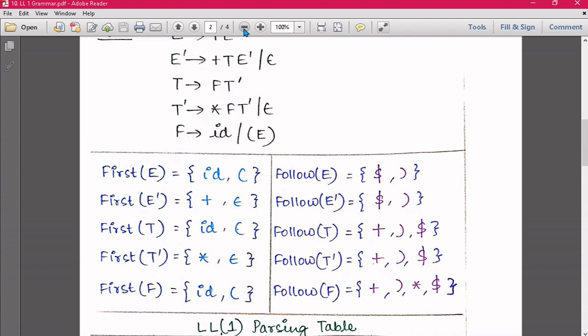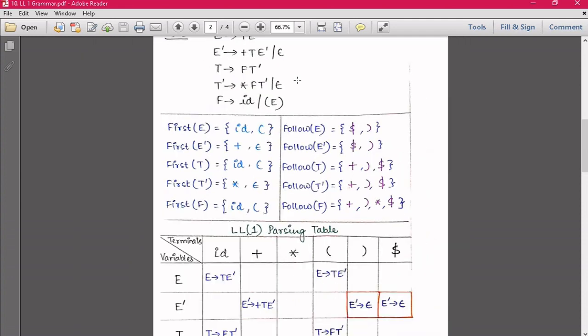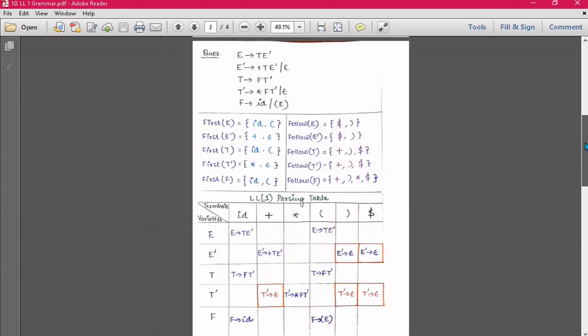in this numerical. What you have to do is make an LL1 parsing table. So see, this is the table, and in this table, on the row side, we have to map all the variables, and here we have all the terminals, right? So you can see E dash, T dash, and F. All these are mapped here, so they are variables.